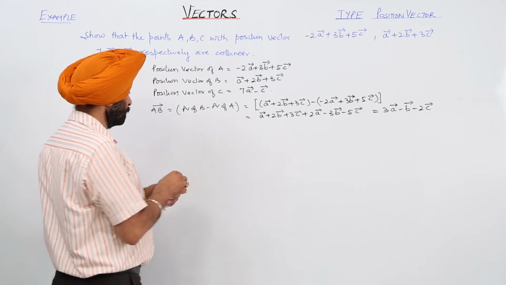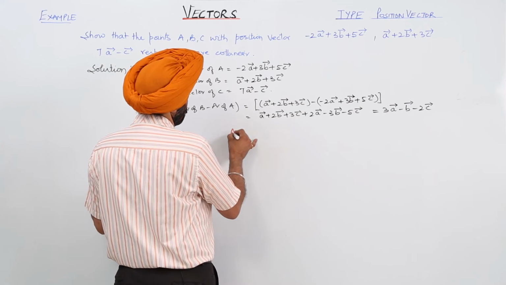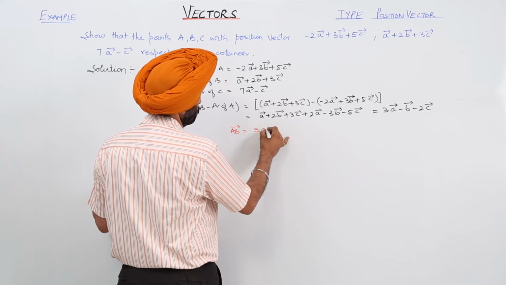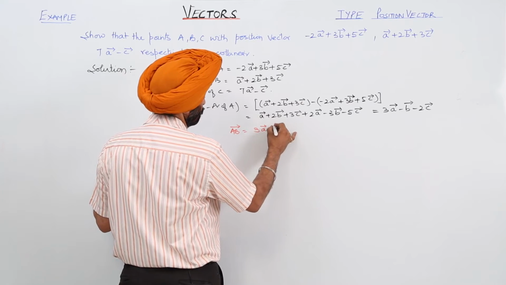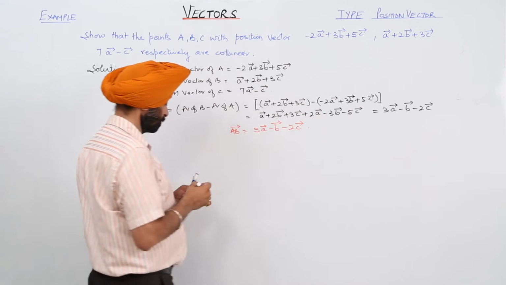So we are having vector AB is equal to first thing.